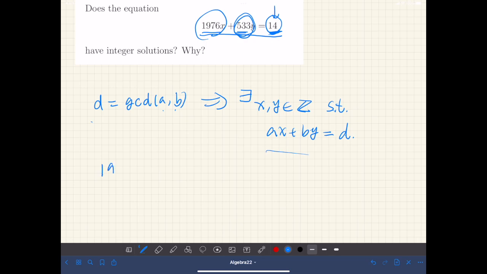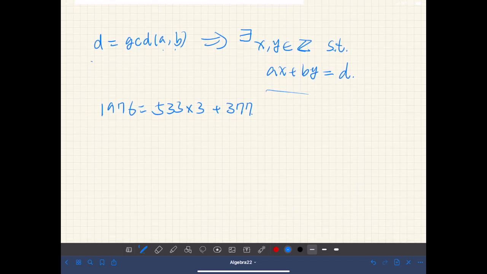1976 equals 533 times, according to my calculation, 3 plus 377. Now we divide 533 by 377. Then, according to my calculation, this is times 1 plus 156.